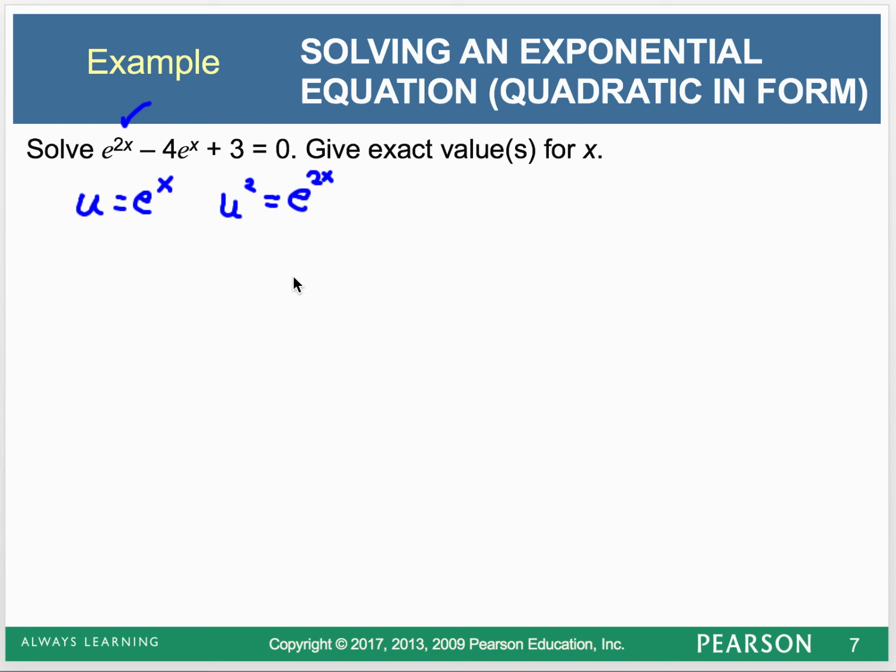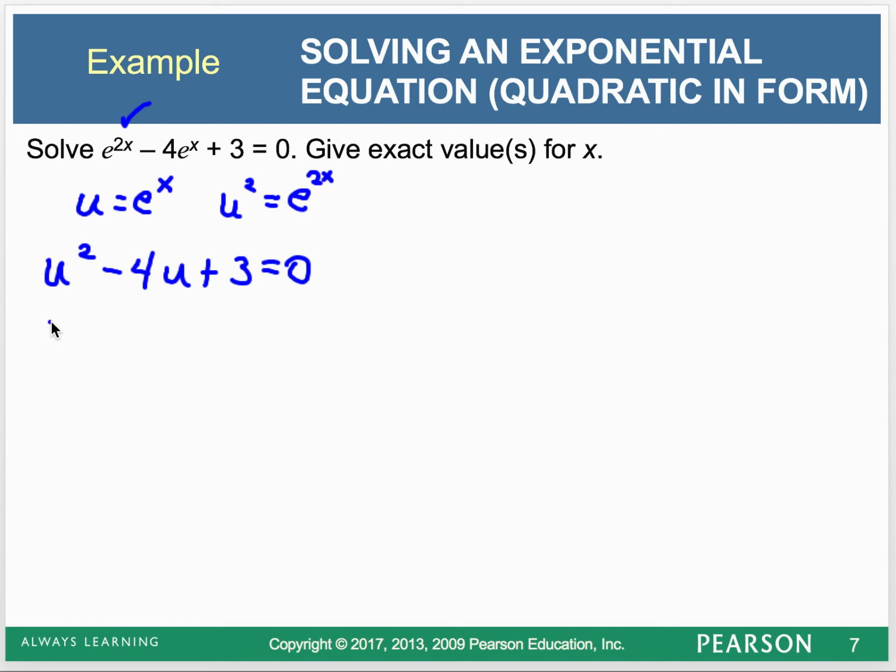So we just rewrite our equation using u's instead of e to the 2x. This whole thing, e to the 2x, is u squared minus 4u plus 3. Now it looks kind of regular, so I can factor it.